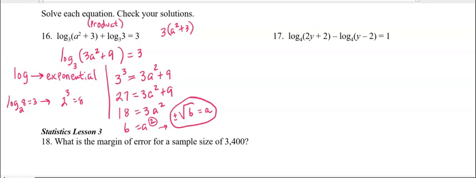Now number 17, the same idea. 2 logs have to be turned into 1, but notice instead of addition, we have subtraction of 2 logs. So this is going to utilize our knowledge of the quotient property. So 2 different logs that are being subtracted.